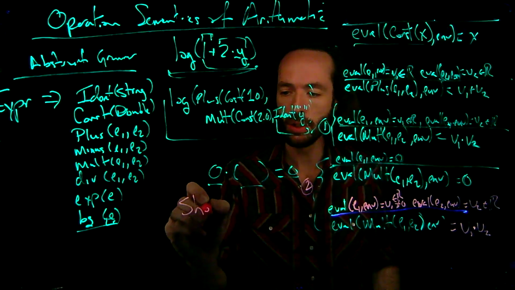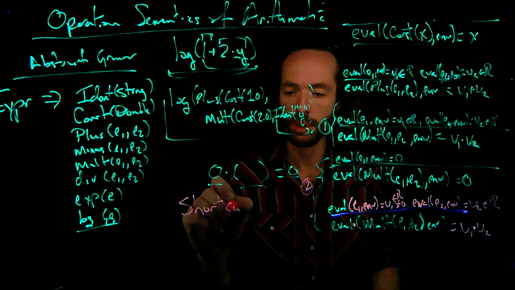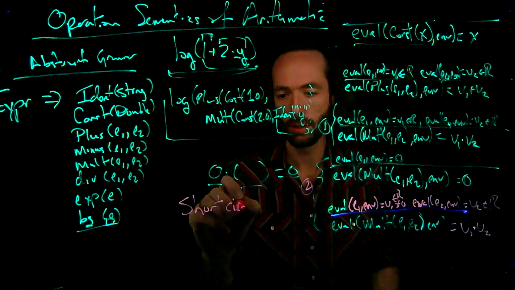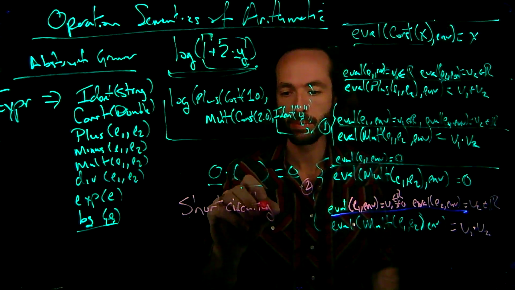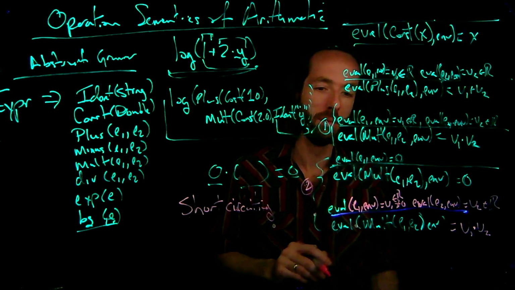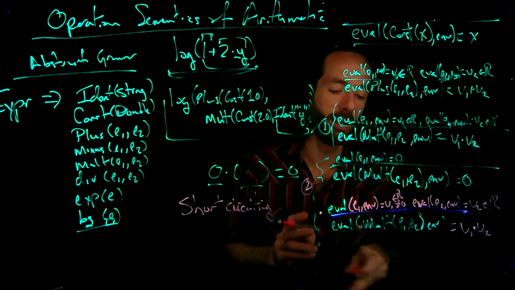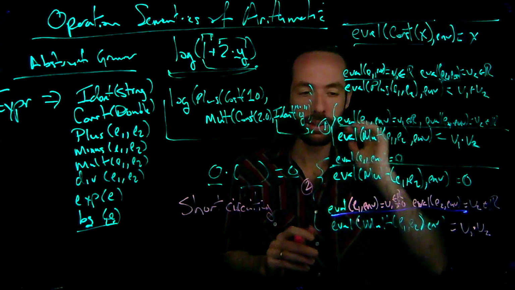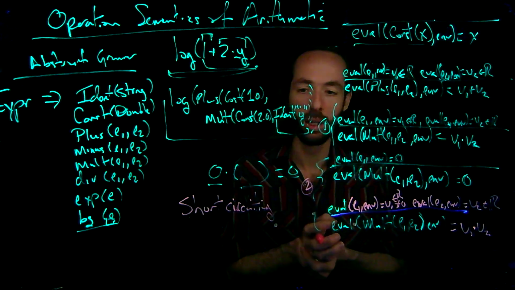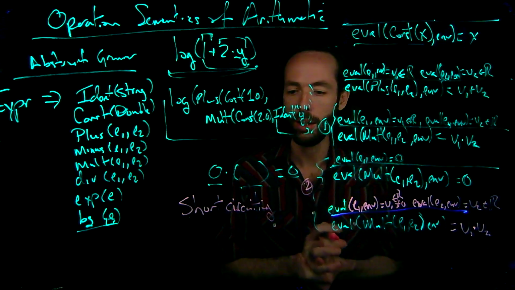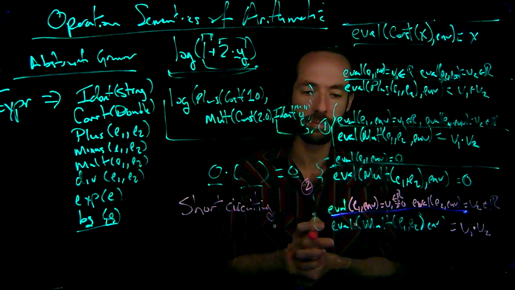And this is what's called short-circuiting, because we are not evaluating part of our circuit, our computation. And this can be useful. We'll see in a future lecture where we actually do want to do short-circuiting.